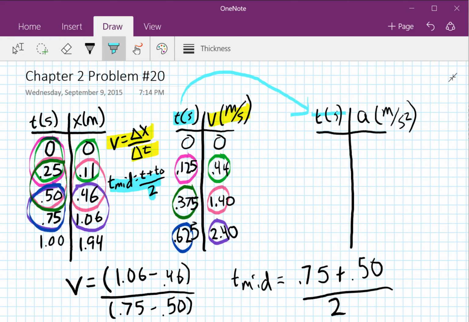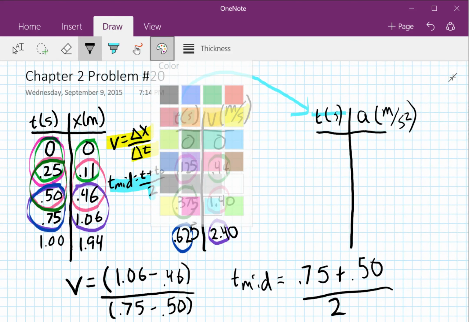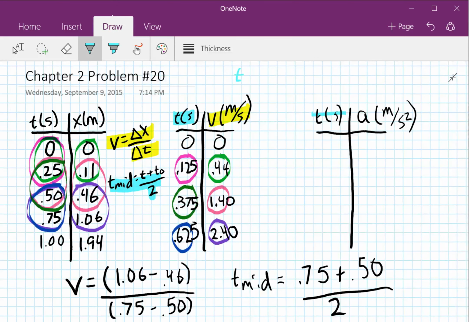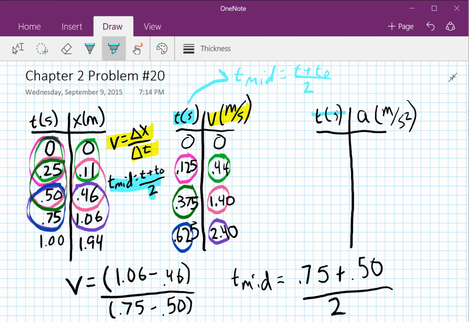Okay, let's go ahead and do it like this actually. So these values go into the T mid equation, which is the same equation, T final plus T initial divided by 2. The only difference is you go from here, put them in the equation, and then those go in here.